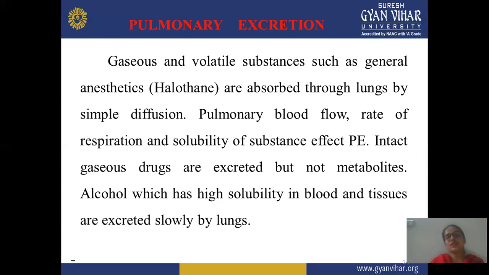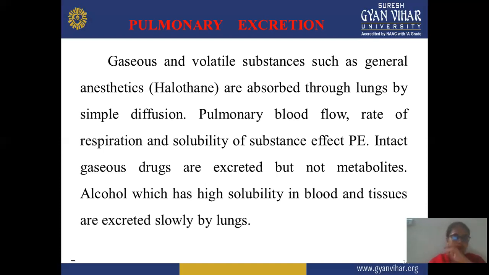In pulmonary excretion, gaseous or volatile substances such as the general anesthetic halothane are excreted through the lungs by simple diffusion. Pulmonary blood flow rate, respiration, and solubility of the drug affect pulmonary excretion. Gaseous or volatile substances are mainly excreted by the pulmonary route. An example of this category is halothane, which diffuses through the lungs.